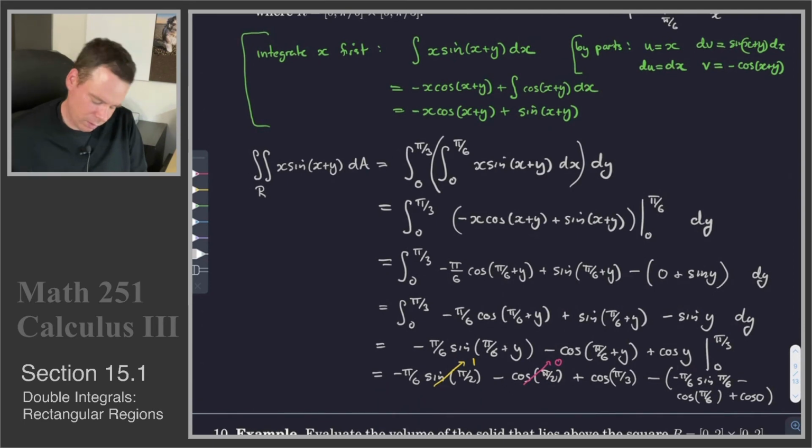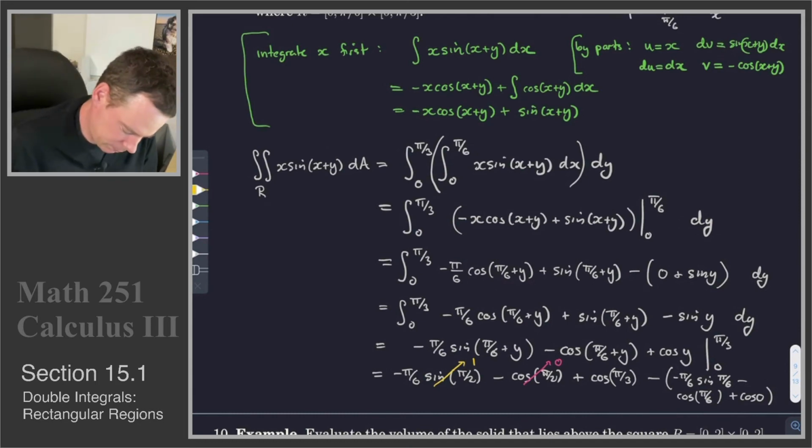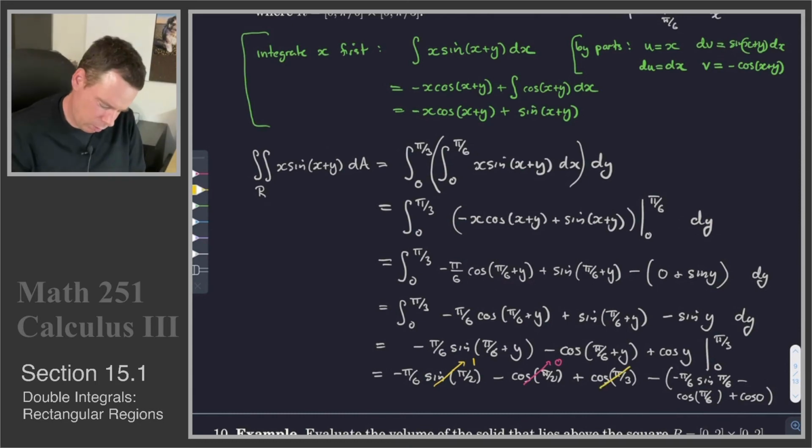All right, so we've got everything pretty much evaluated here. Now we just need to work out what these individual values are. Cos of pi/3 is a half. Sine of pi/6 is a half. Cos of pi/6 is root 3 over 2. And cos of 0 is 1.